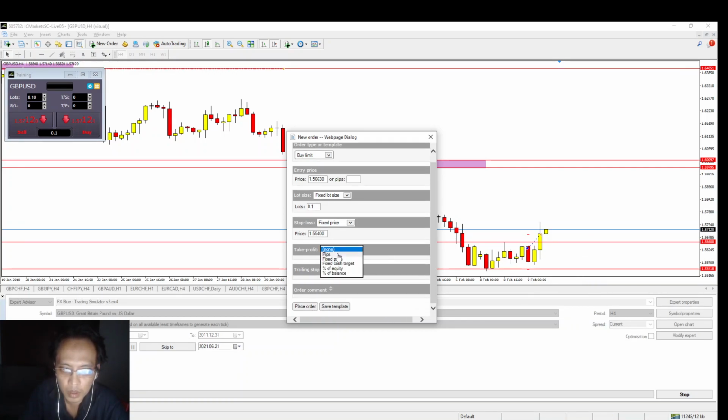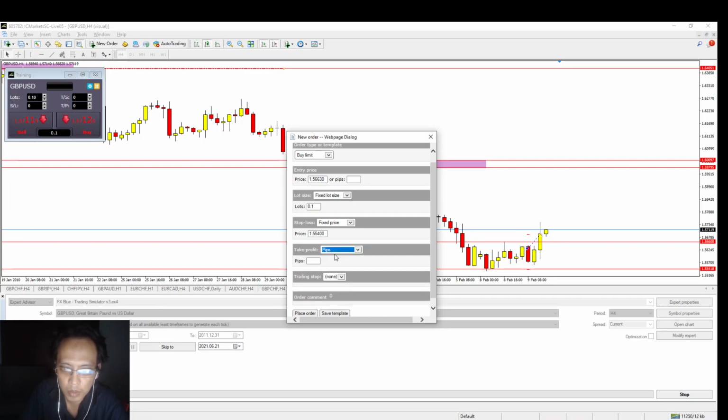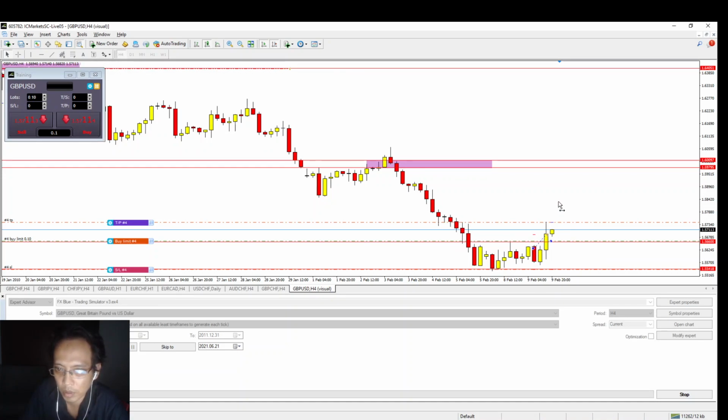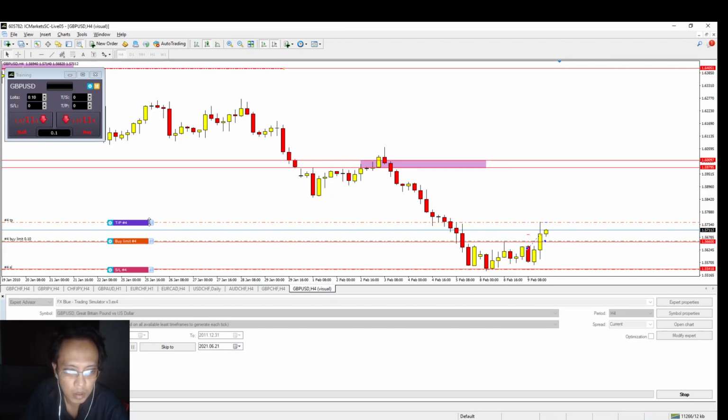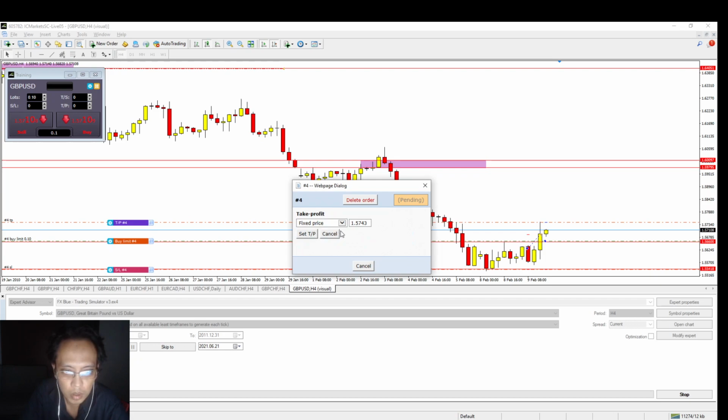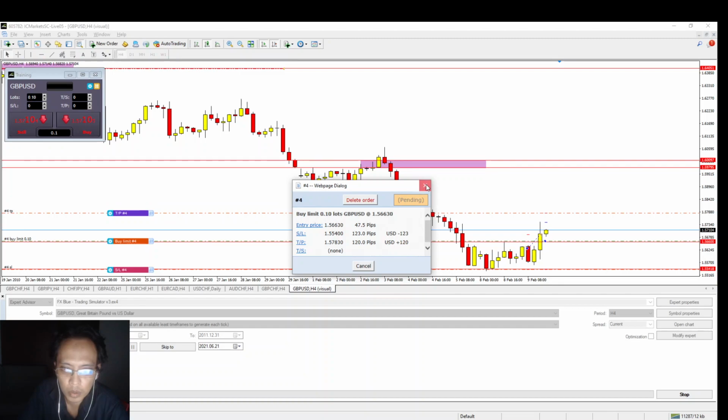Take profit, just put it. Okay, so this is my limit buy order. Price came down here and we activate. TP is too near, so I change it. Okay, that's about it.